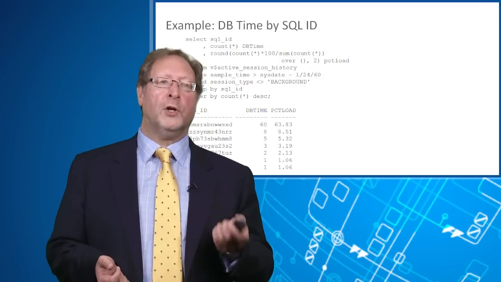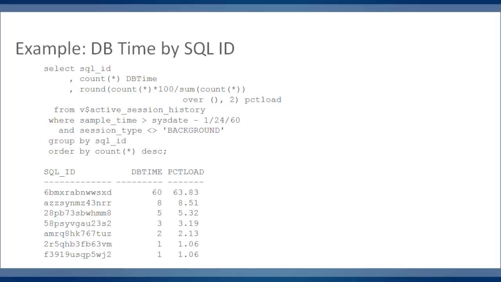If we were to run that query, we'd get something like this. We can see that the top SQL statement there has a db time of 60, which means it has taken 60 seconds of database time in that last minute.